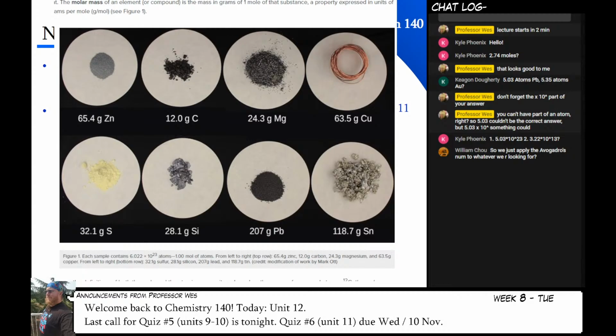If you don't have it already, grab your periodic table and see if you can figure out why I chose each number of grams to be 1 mole of the substance that I have displayed on the screen. Why do you think that might be? Where are those numbers coming from?